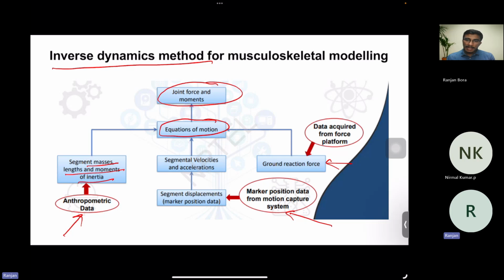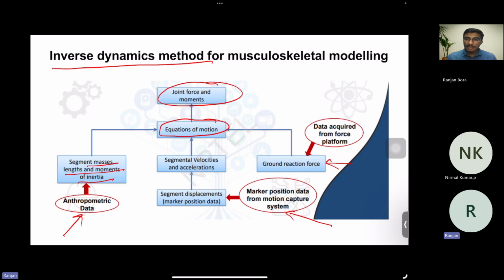Now, while doing another activity like squatting or lifting weight, we'll record those activities by placing the markers on the subject, and then using the cameras, which was explained in the last week's content.